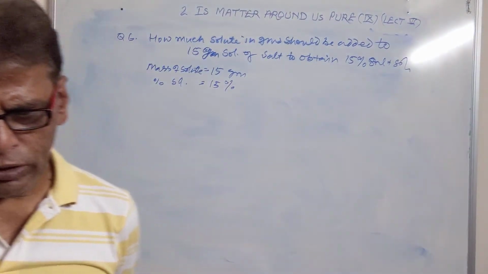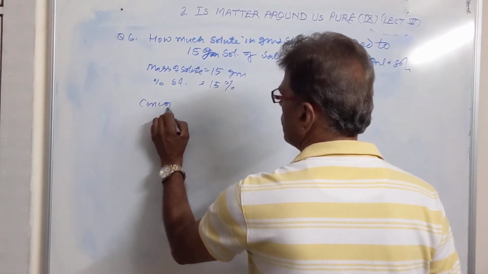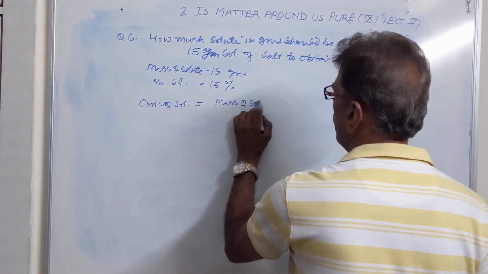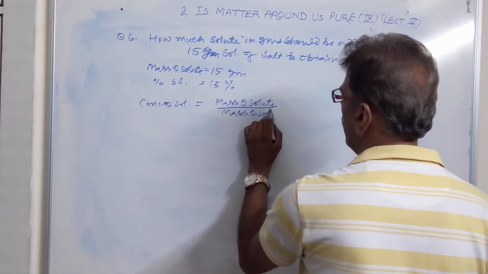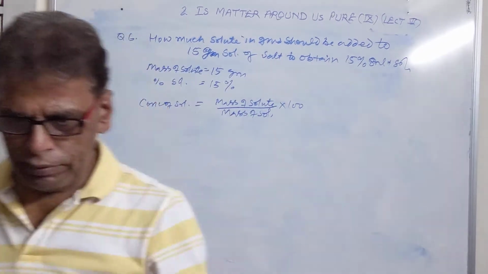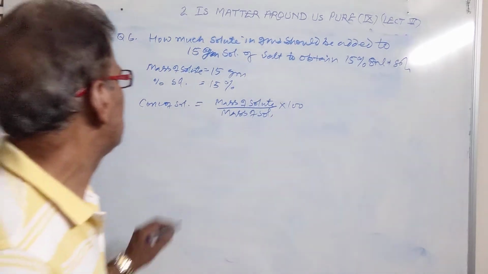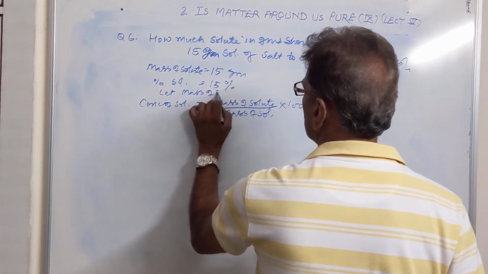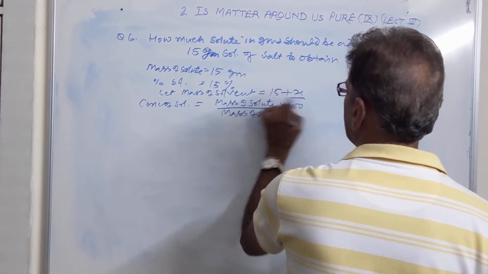Now concentration of the solution, we know the formula. It is equal to mass of solute upon mass of solution into 100. Now let the mass of solvent added be x, so the mass of solution is 15 plus x.